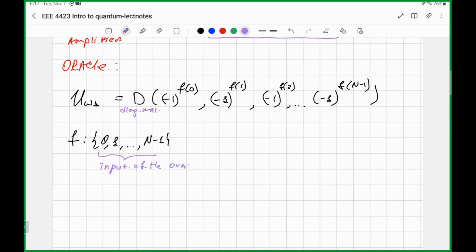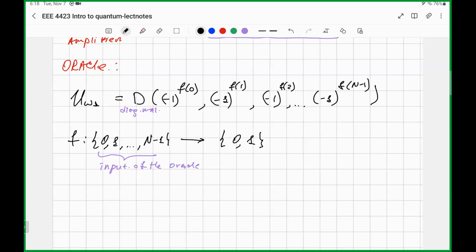Of the oracle. Input of the oracle. And for each input from this amount of possible inputs, this oracle function returns either 0 or 1, depending on the desired search result.